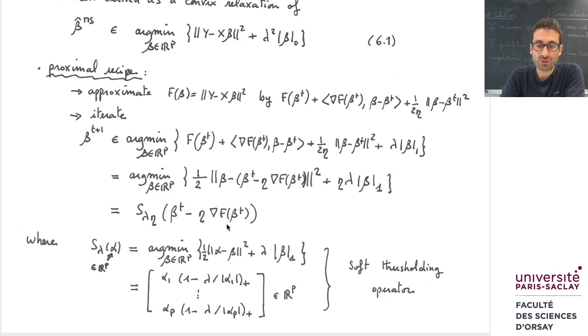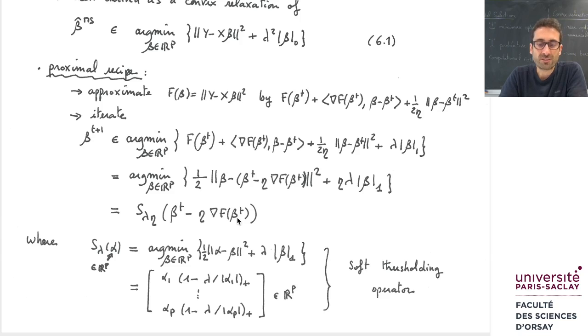So the solution is simply the soft thresholding operator applied at level lambda times eta, to the vector which is obtained by a gradient step from beta t. So this is alpha, which corresponds to this step. So this is the proximal optimization method, which is based on soft thresholding.